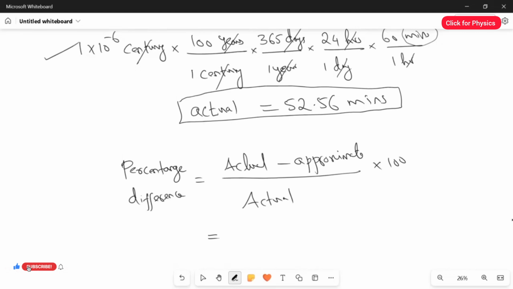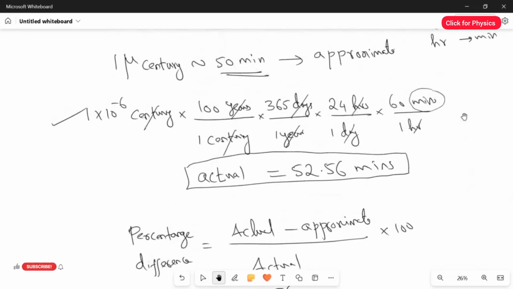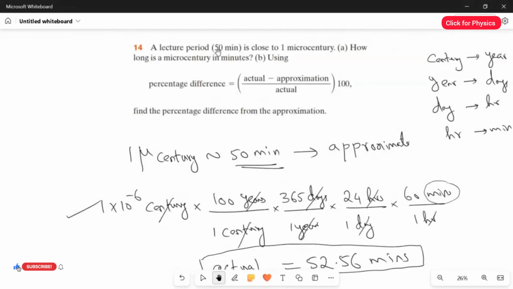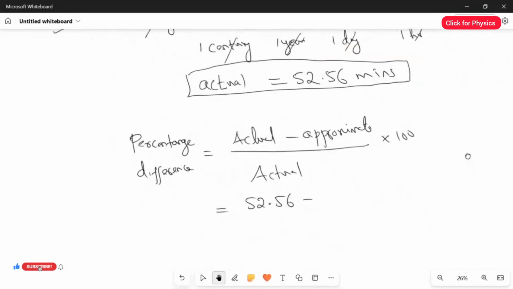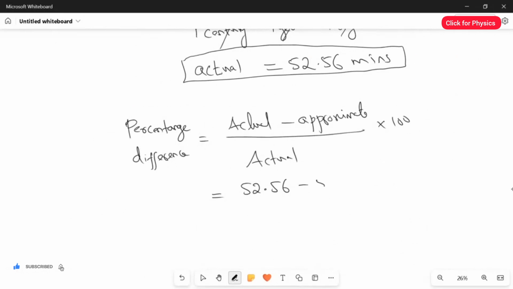Now I have to substitute the values here. What is our actual value? 52.56 minus the approximate value, which in the question is 50 minutes. You can see here, this is the approximate value. So 52.56 minus 50, divided by 52.56, multiplied by 100.